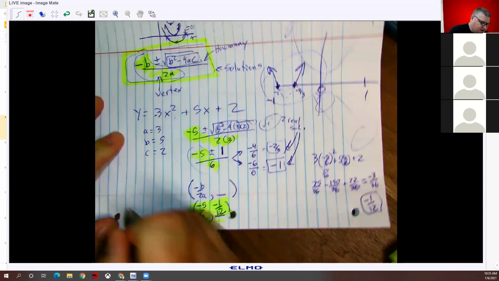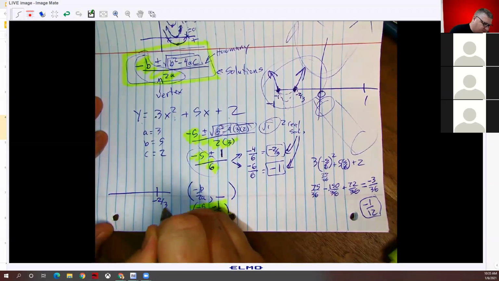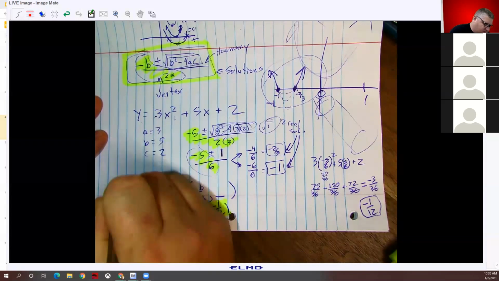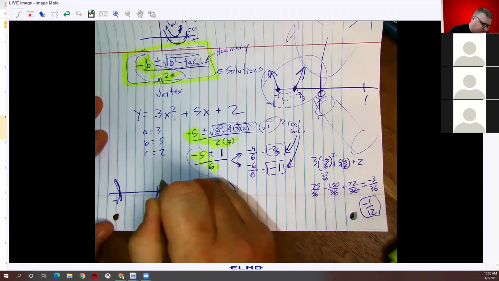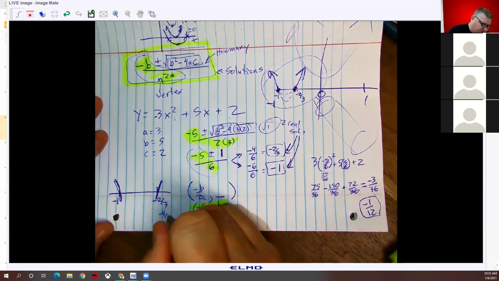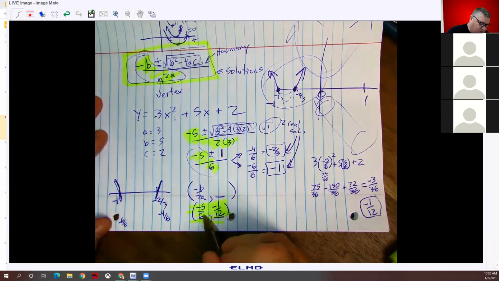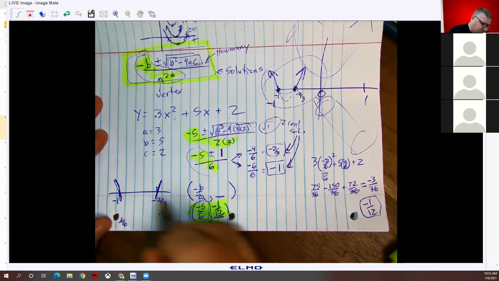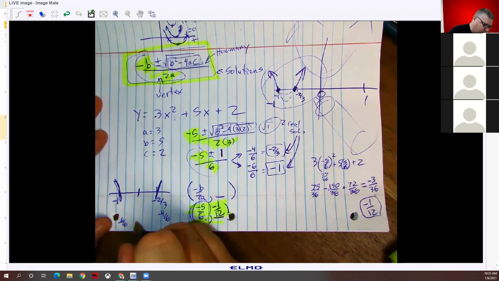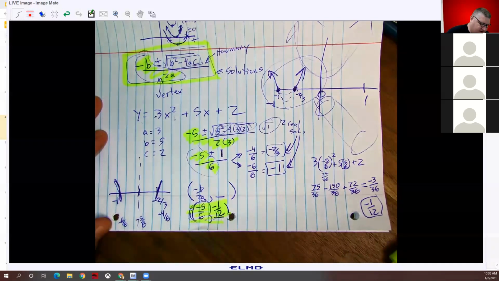If this is negative 2/3 and this is negative 1, and we know it crosses here and here, well, negative 2/3 is negative 4/6. Negative 1 is negative 6/6. So wouldn't it make sense that the vertex is going to be smack dab in the middle at negative 5/6, right down there, somewhere on that middle line?